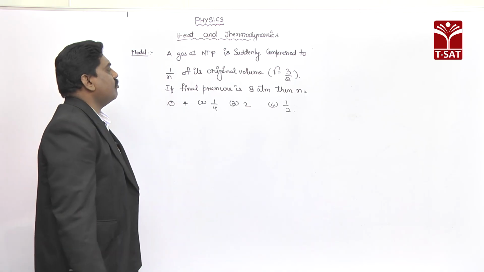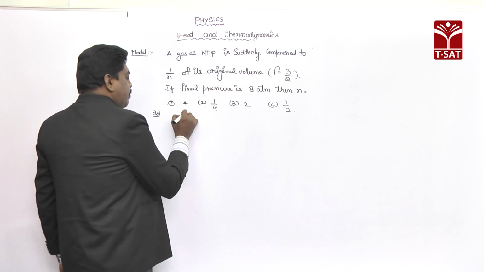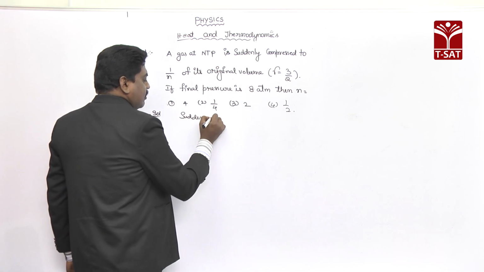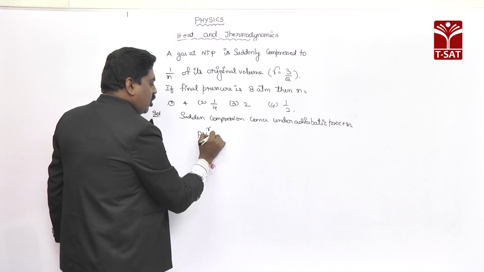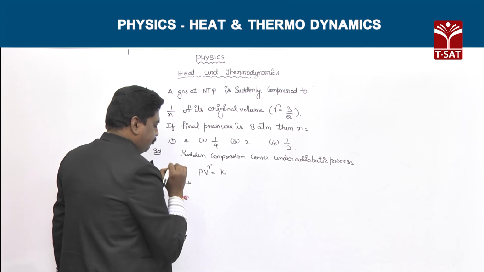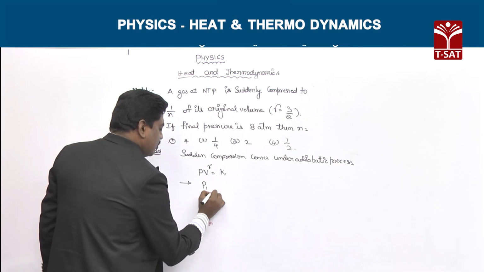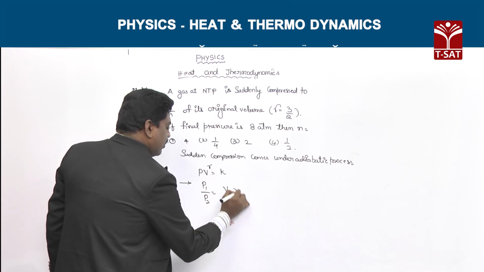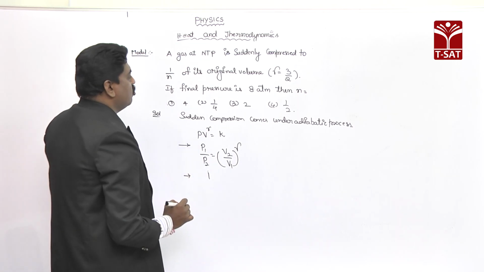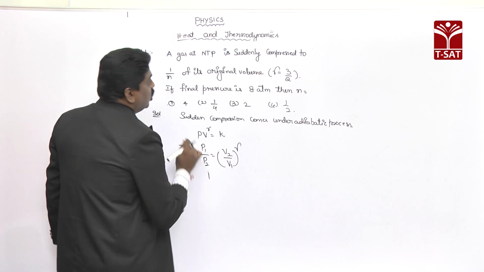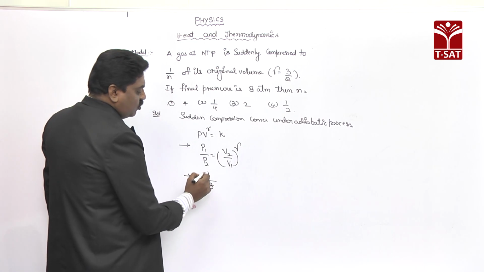Here, sudden compression comes under the adiabatic process. In the adiabatic process we have PV^gamma equal to constant. Then in that case we have P1 by P2 is equal to (V2 by V1) whole to the power of gamma. P1 by P2 can be written as: initial pressure is 1 atmosphere and final pressure is 8 atmospheres, so 1 by 8.